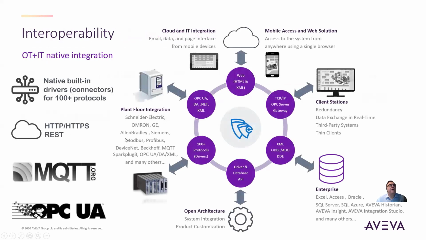One of the nice things about AVEVA Edge is that we have over 100 protocols built in for different PLCs. And again, not only PLCs, but things like robots, temperatures, motion control, vision. And in addition to the drivers that we have built in, included, we can also be an OPC UA or DA server, or a client.